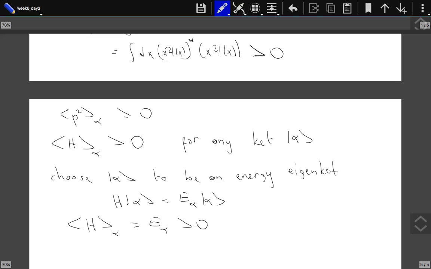Okay, we didn't achieve much yet, but at least we know that the spectrum is bounded from below. The energy eigenvalues, all of them have to be positive, and they cannot even be 0. So the ground state energy, the minimum energy state, is definitely positive.